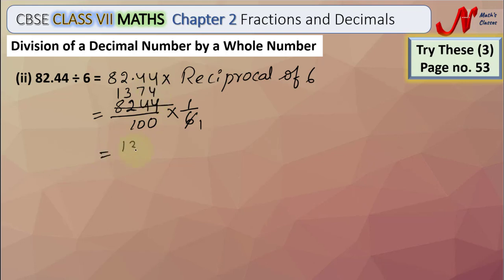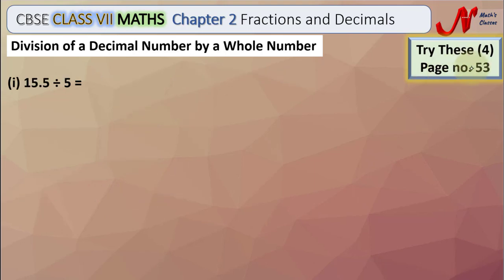So it becomes 1374 divided by 100. So in the denominator we have 2 zeros, so in the final result we keep the decimal point from right to left after 2 digits. So we get 13.74. Therefore 82.44 divided by 6 is equal to 13.74.